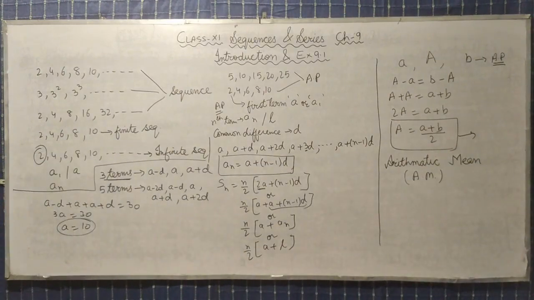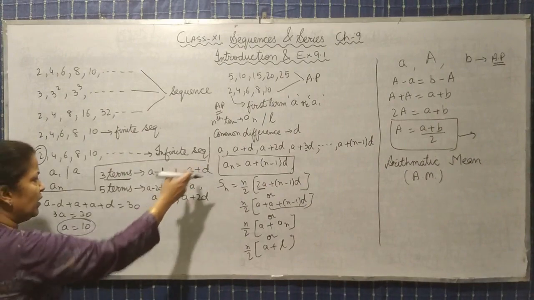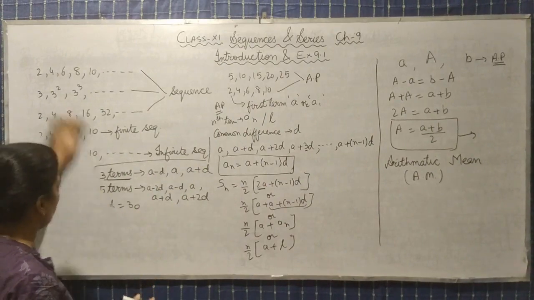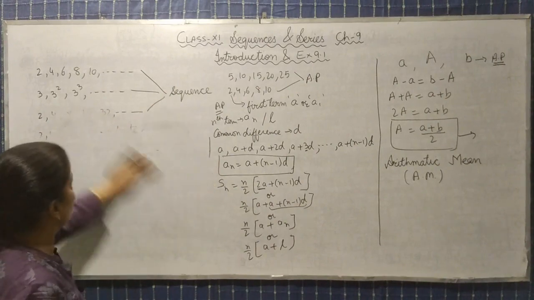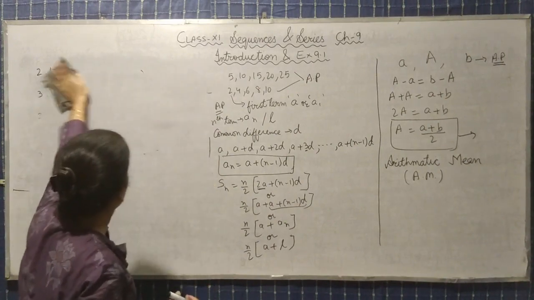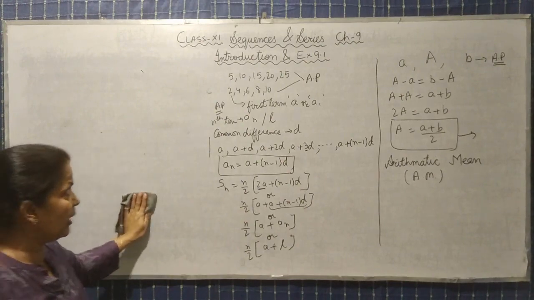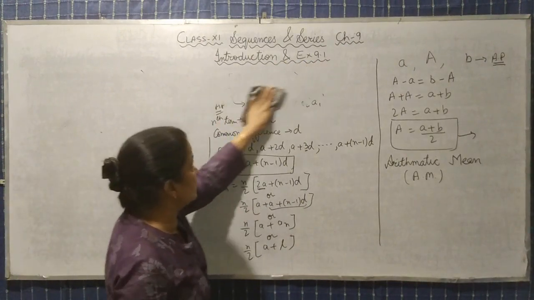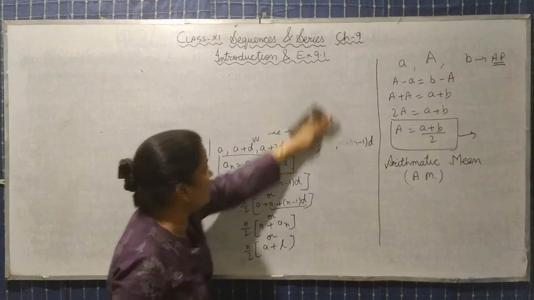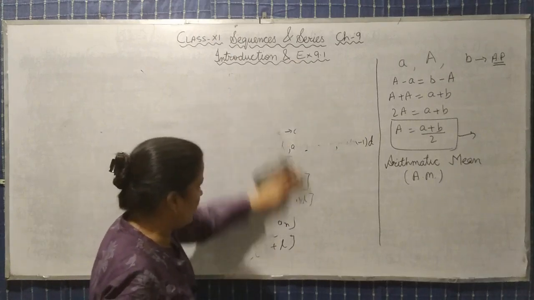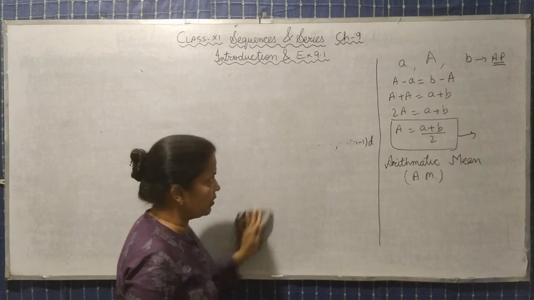Then we took the concept of the nth term and the sum of n terms of an AP. Then we took the concept of AP if 3 terms or 5 terms are given, and how to take the 3 terms and the 5 terms.